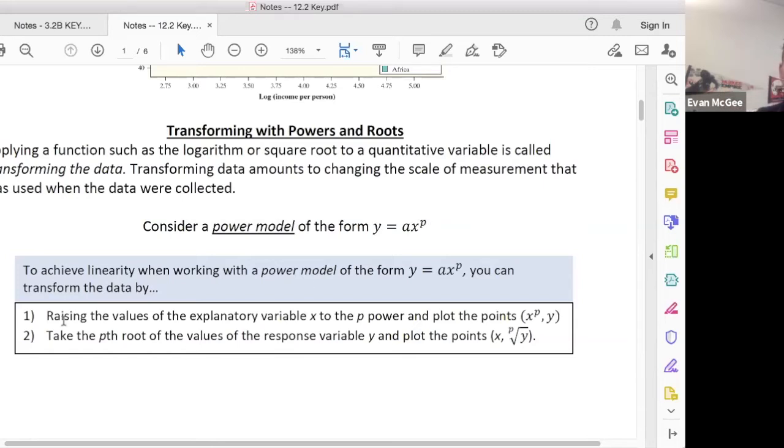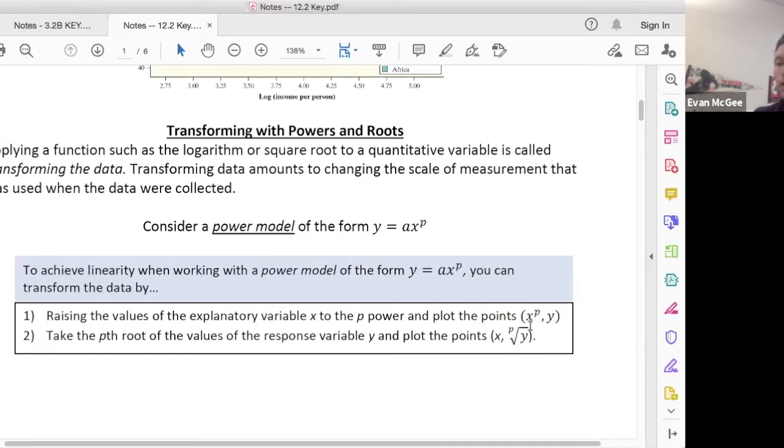The first way is raise the values of x to the power of p. So x to the power of p, whatever the power is. It could be x squared, it could be x cubed, or x to the fourth. The second way, and you don't do anything to y, the second way is you can take the pth root of the response variable.